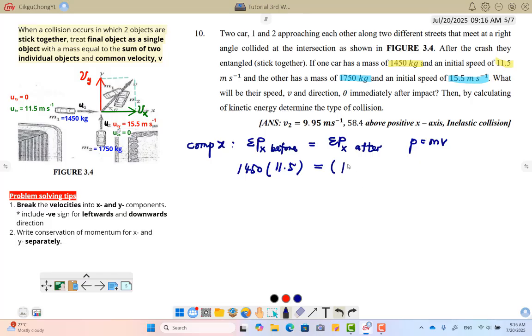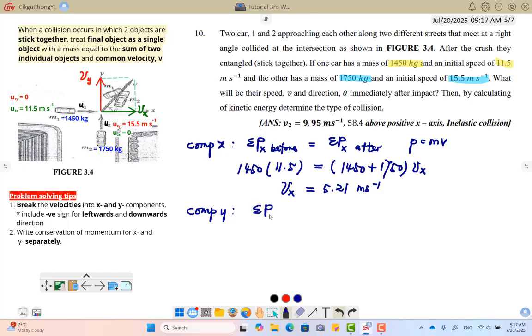We sum up the mass 1450 plus 1750, and both cars move along the x direction with a velocity of Vx. So we can determine the final velocity along the x direction after the impact, which is 5.21 meters per second.